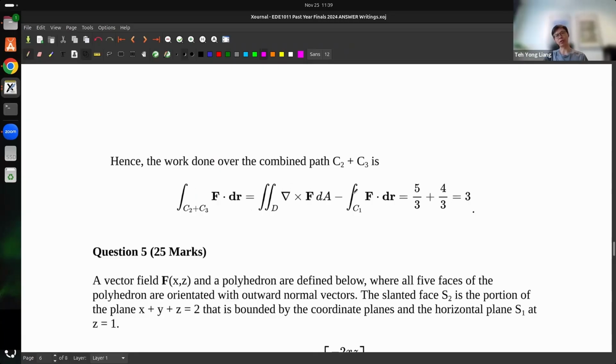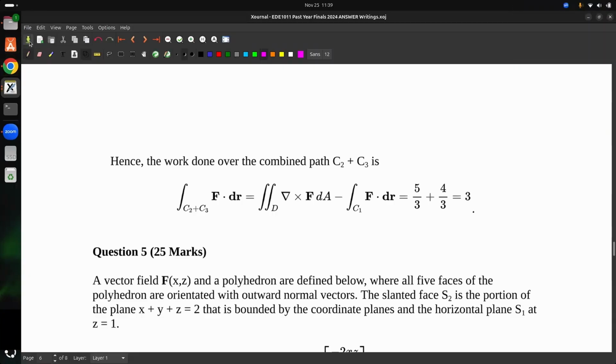Okay, can you see this part here? Right, so 5 over 3 minus becomes plus 4 over 3. So you get a total line integral over C2 and C3 of 3. Questions? So this is how you can use the Green's theorem to find the line integral along an open path. Okay, so basically just close the path, then minus the part whereby you added to close the path.